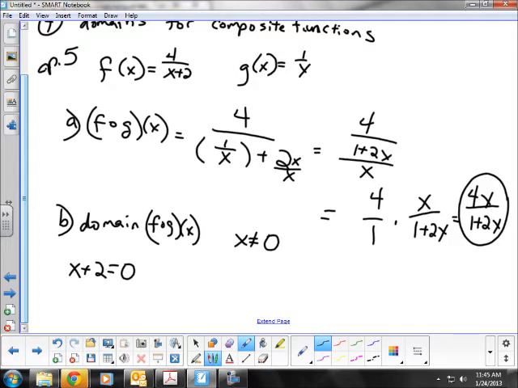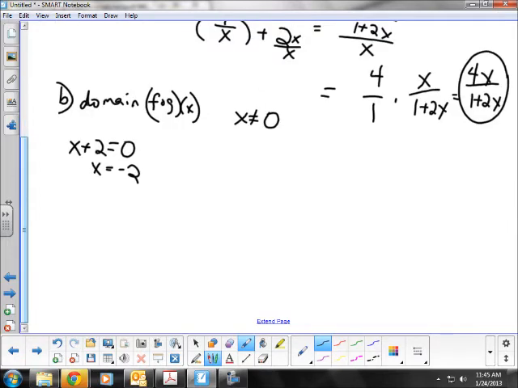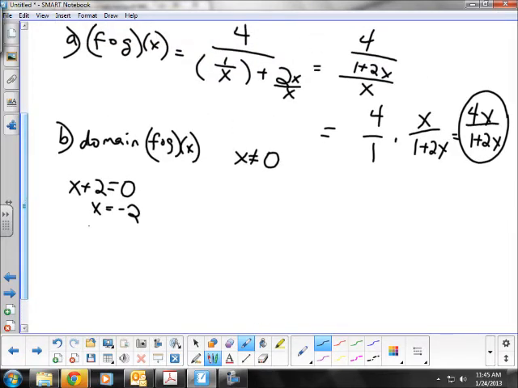I just took the other denominator. Yes? And so x is negative 2 there. But it's not that x can be negative 2, it's that g of x can't be negative 2 on that one. Everybody hear what I just did? So g of x is 1 over x, so it's 1 over x that cannot be equal to negative 2. Everybody understand?